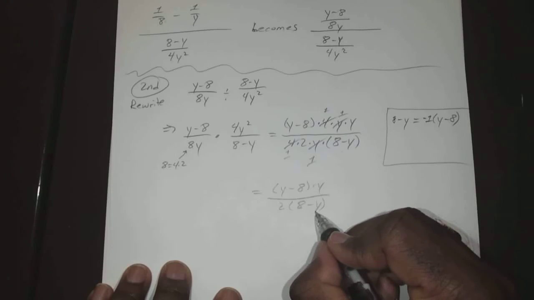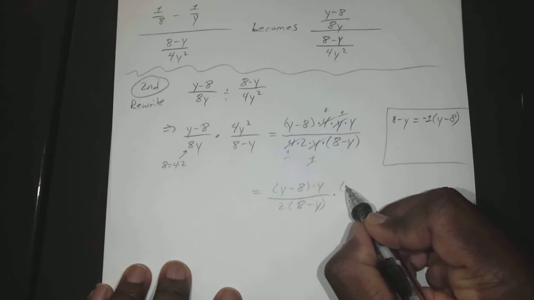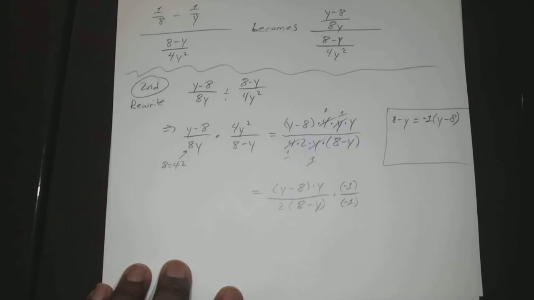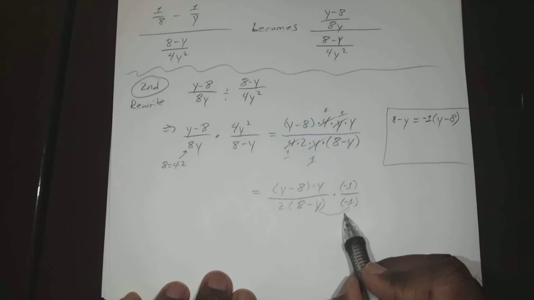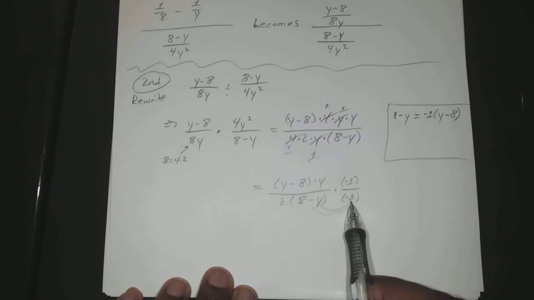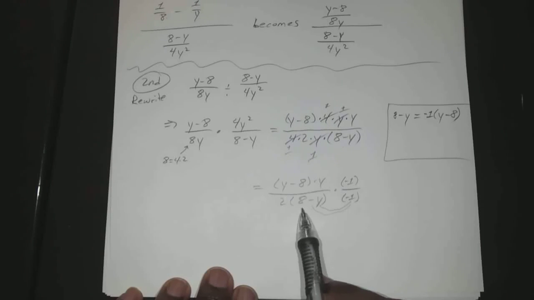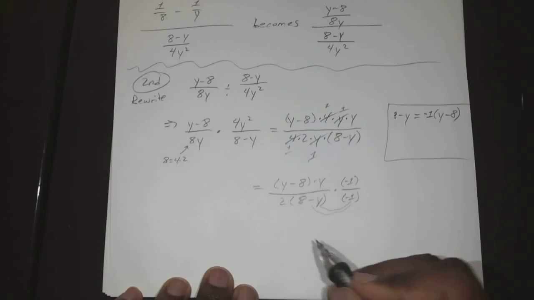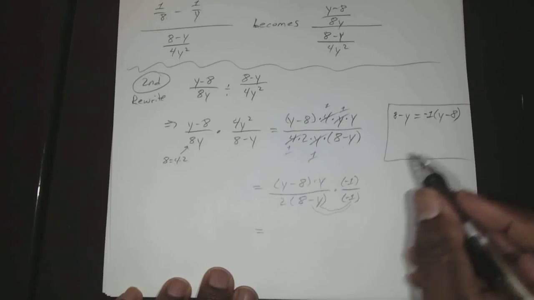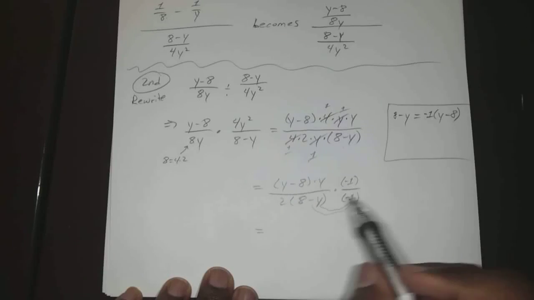We'll clean that up a little bit. We just multiply it by negative 1 over negative 1. Remember, you have to do the same thing to the numerator and denominator, even though you're only applying it to one of them. So we're going to distribute this negative 1 to both of those terms. Negative 1 times 8 minus y can make that y minus 8, or negative 1 times y minus 8 will make it 8 minus y.